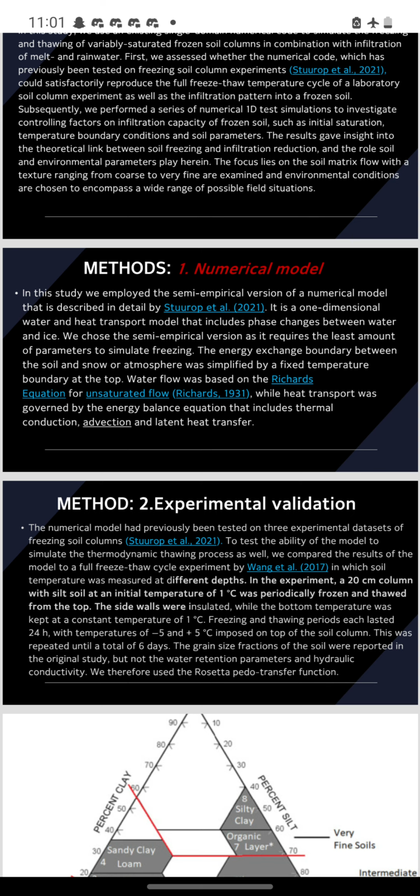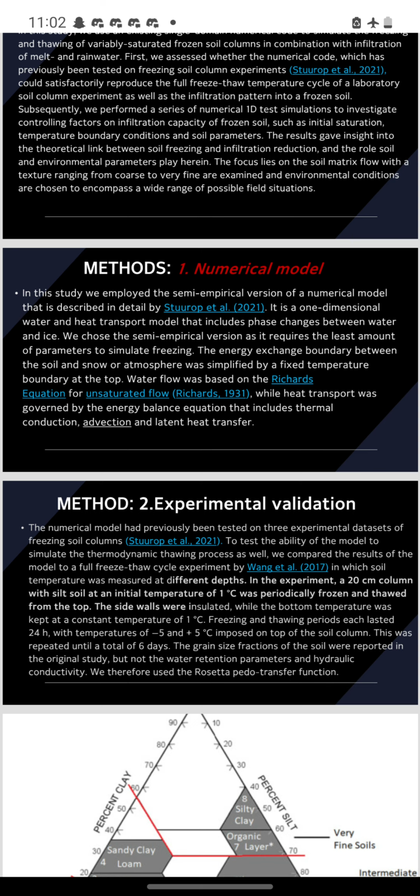A 20 cm column with silt soil of initial temperature of 1 degree was periodically frozen and thawed from the top. The side walls were insulated and the bottom temperature was kept constant at 1 degree. Freezing and thawing periods lasted 24 hours with temperatures of minus 5 and 5 degrees Celsius imposed at the top of the soil column. This was repeated for 6 days.